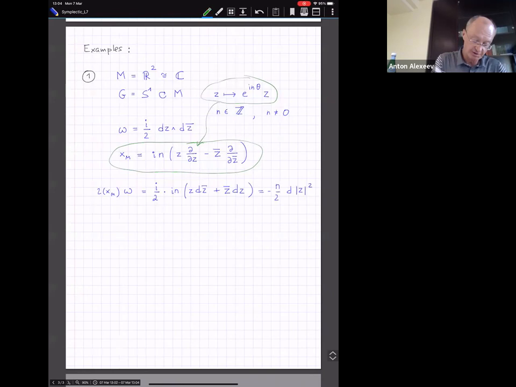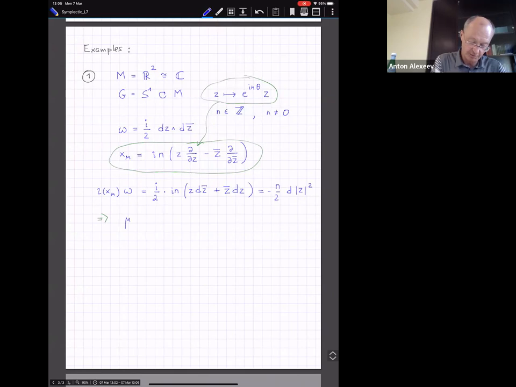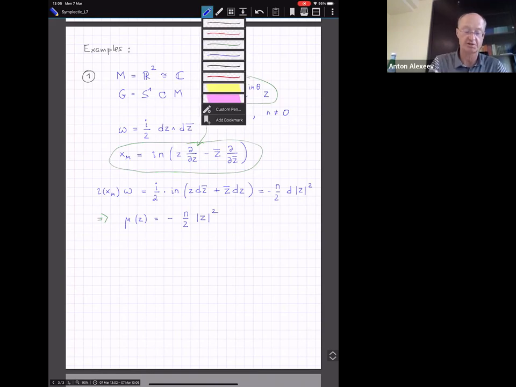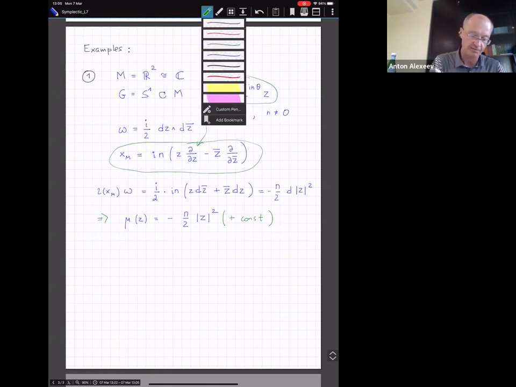So the conclusion is that the moment map in this case is minus n over 2 absolute value of z squared. Of course, in principle, I can shift it by a constant, right? I can add a constant if I want to. But for the moment, I'm happy with that choice that we have. So minus n over 2 absolute value of z squared. So let's have it like that.